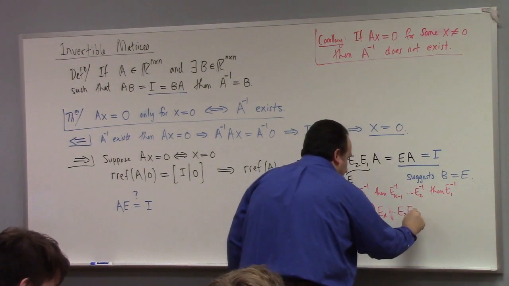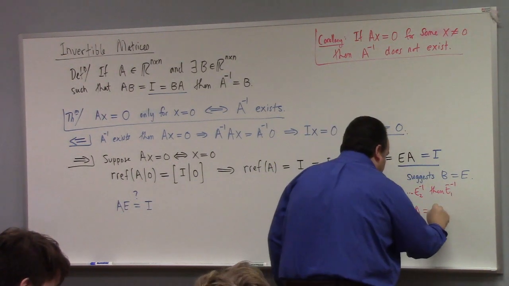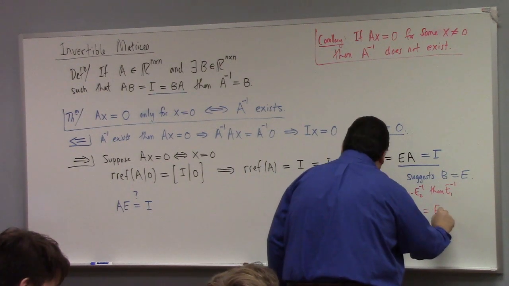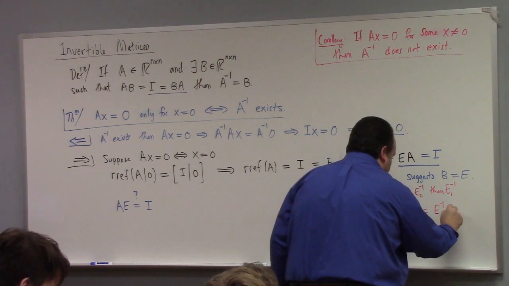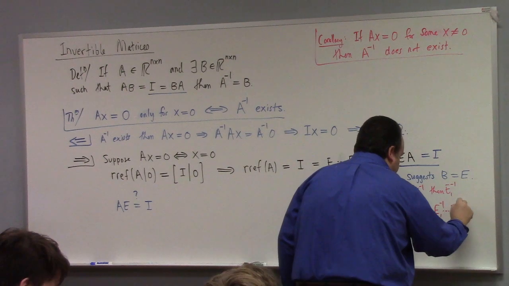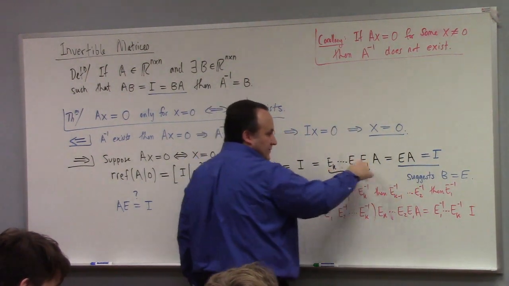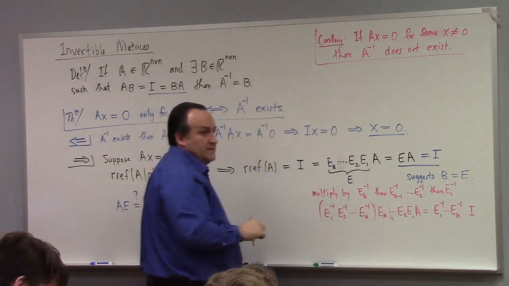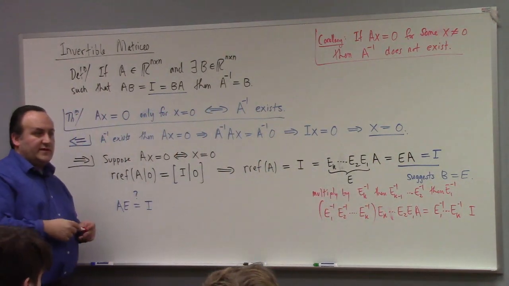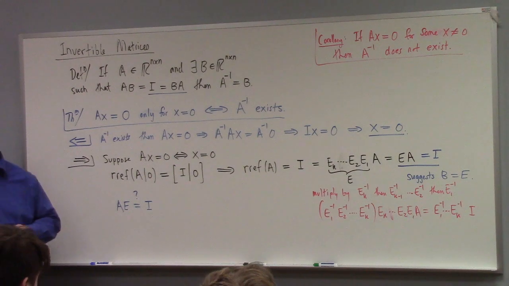Multiplying that times E_k, dot, dot, dot, E2, E1 A is equal to the product of the inverse elementary matrices, E1 inverse through E_k inverse, times what? Times the identity matrix, right? So I'm just taking this equation and multiplying by the product of those inverse elementary matrices, all of which exist.